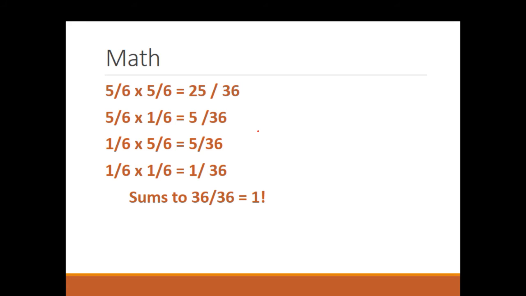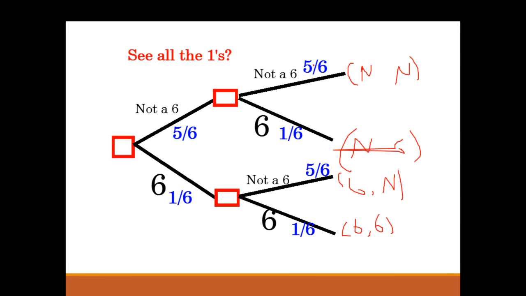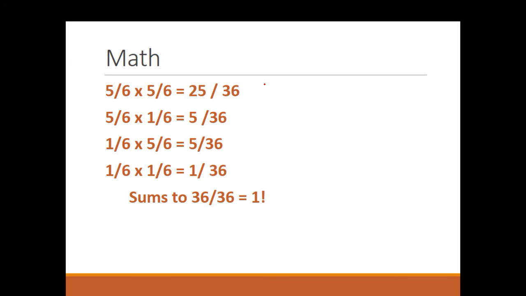So let's do a little math. The top set of branches up there is 5 out of 6 times 5 out of 6, which is 25 out of 36. That's not a 6 and not a 6. The second set of branches is not a 6 and a 6. And we multiply that out and we get 5 out of 36.